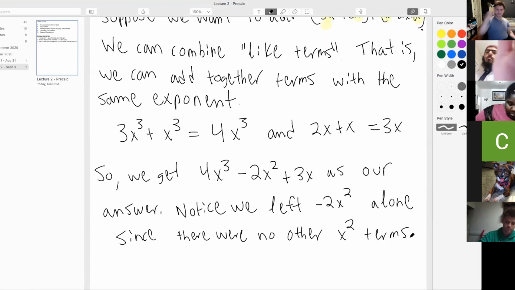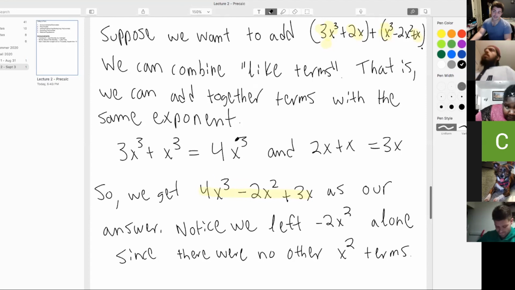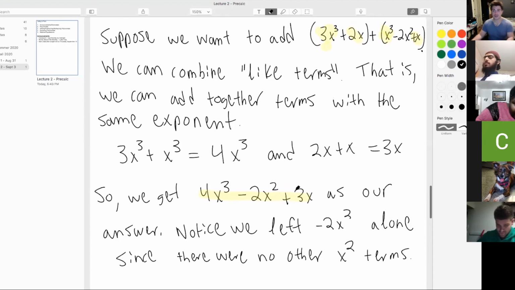I hope everyone sees what I did here. I just added together the terms with the same exponent, and if a term did not have another term with the same exponent to add to, you left it alone. So I left negative 2x squared alone because there were no other x squared terms around.